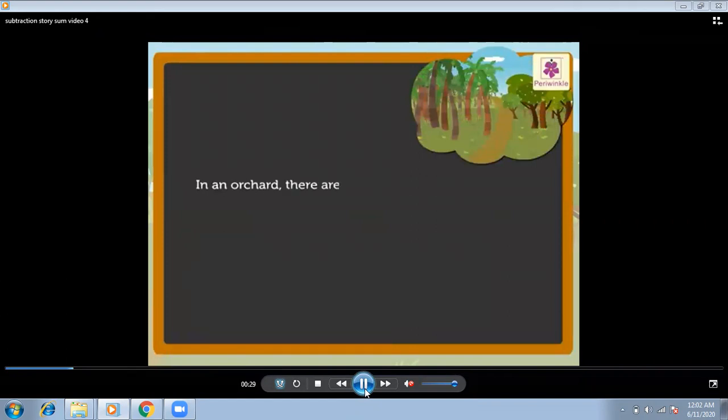But when you are doing it in your test or in any questions where it is not mentioned that it is a subtraction story sum, you have to recognize by yourself which operation is going to apply in this story sum. I have already introduced some terms. If any one of those terms is used in the question, it will be easy for you to recognize which operation is going to apply in this question.